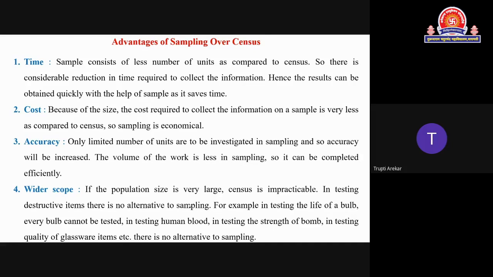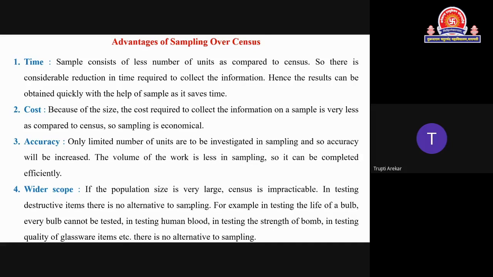Now taking some more examples, suppose a company manufactures a remedial medicine for a certain disease. All the patients suffering from the particular disease may not be ready to try the newly manufactured medicine. In this case, sampling has larger scope than census.